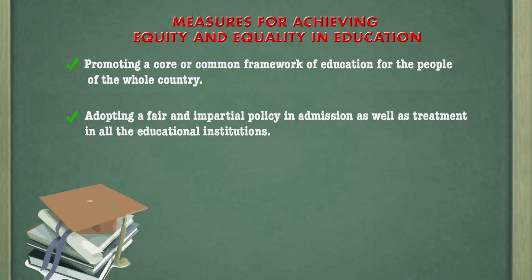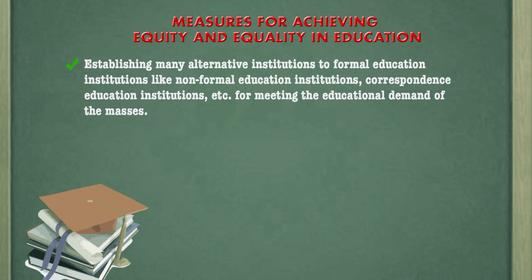Further, adopting a fair and impartial policy in admission as well as treatment should be practiced in all educational institutions. Then, establishing many alternative institutions to formal education, like non-formal education systems, correspondence education institutions, blended learning, open learning should be established.